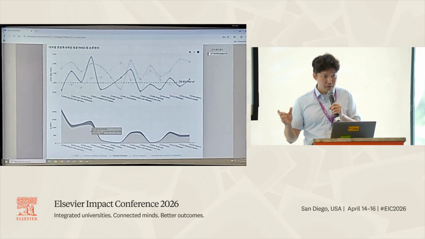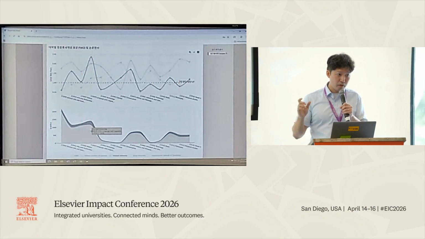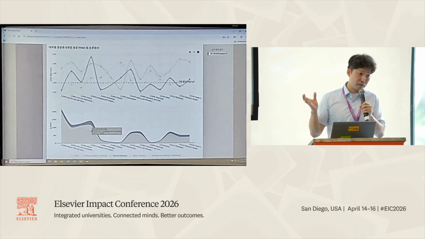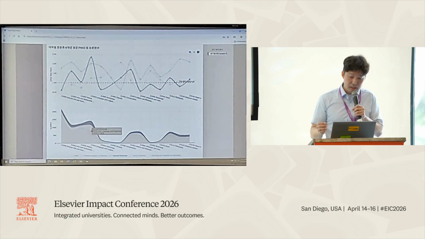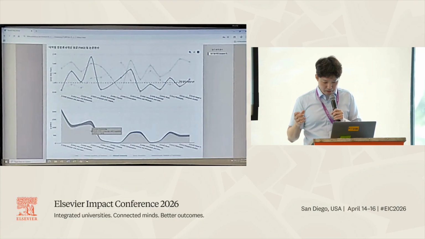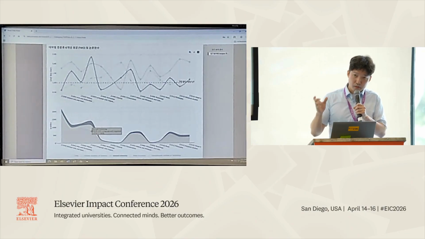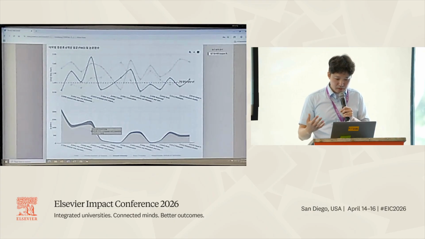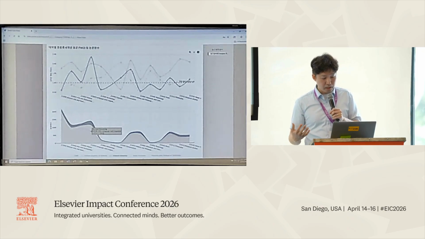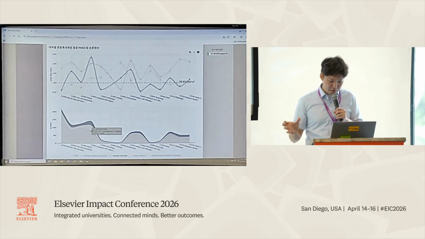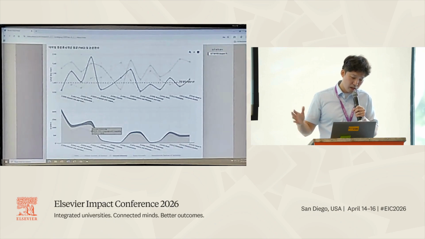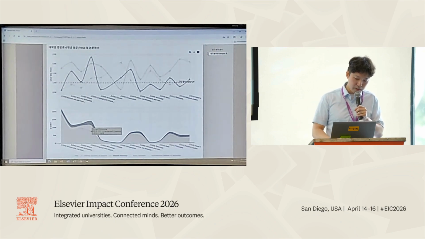So Yonsei's publication volume is only about 1/3 of Harvard's and roughly half of SNU's. In summary, Yonsei is excelling in research quality, but quantitative output remains low compared to our domestic and global peers. So this is a clear need for improvement, and we need to focus on expanding research capacity in this area.